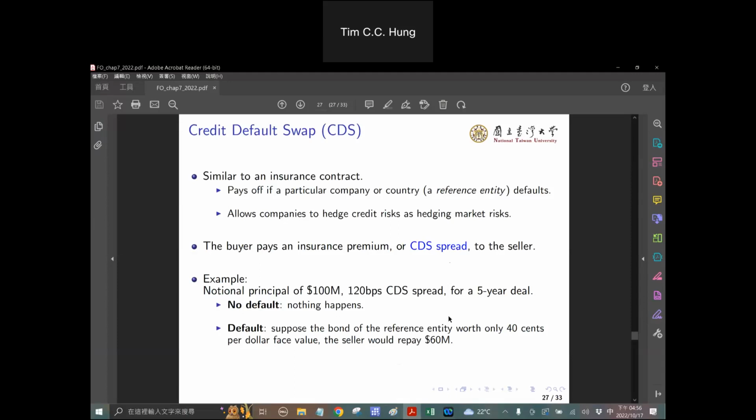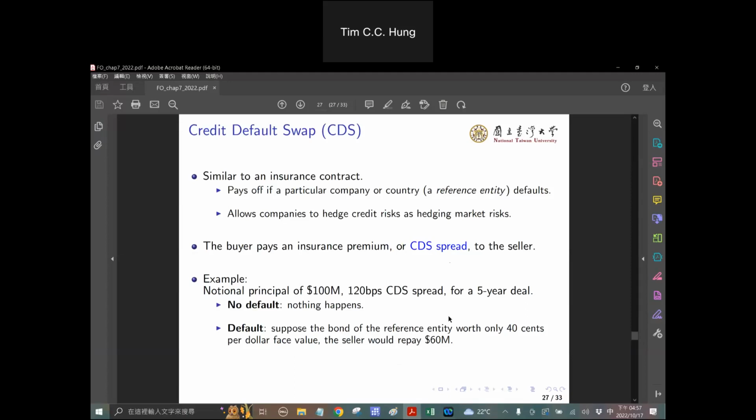You can think of yourself as the CDS buyer, and you also hold this bond. For each $100, for each $1, the bond only retains 40 cents. So you're losing 60 cents for the event that this bond is defaulted. And then this 60% of the value will be multiplied by this 100 million principal. So the financial institution that underwrites such a CDS pays you a $60 million repayment if such a default event really happens.